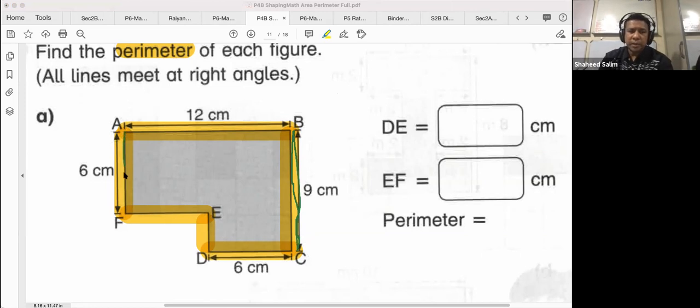This is 6. So 9 minus 6, you get 3. This then is 3, because this plus this give you this. And this one, 12 minus 6 equals 6. You must be able to do that. Come, Putra, what about you, Putra?